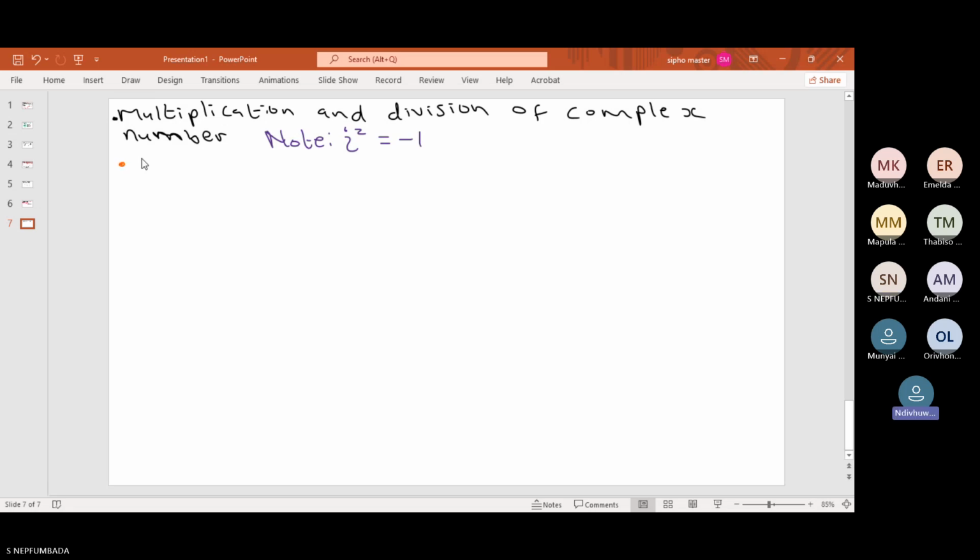So now, let's say we've got a plus ib multiplied by c plus id. This is equal to what? We're going to say a times c, we get what? Okay, let's say our a is going to multiply this, if we're doing it in a primary way, then plus our ib is going to multiply this.